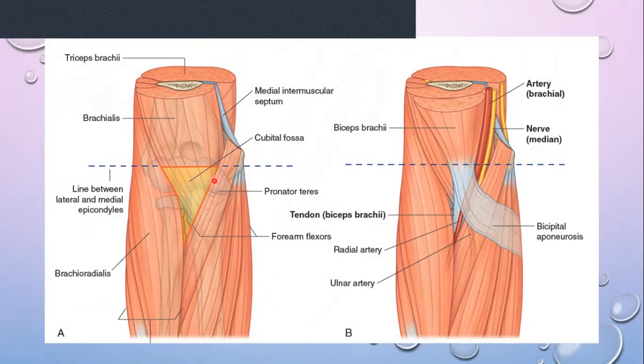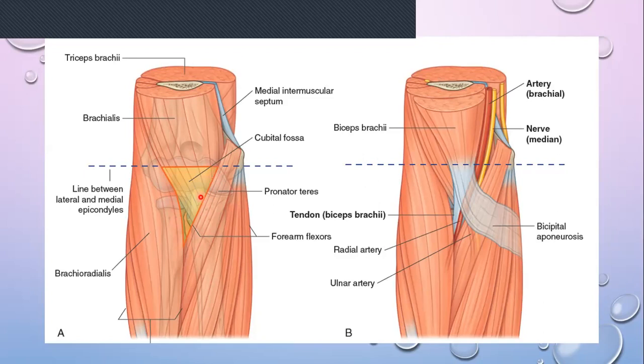Then you can see that the medial boundary is formed by the lateral border of pronator teres muscle. Then the lateral boundary is formed by the medial border of brachioradialis muscle. Sorry, what have I said? Let me repeat that.